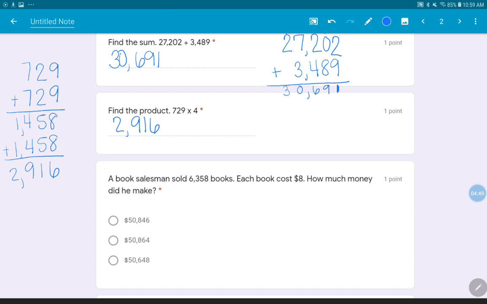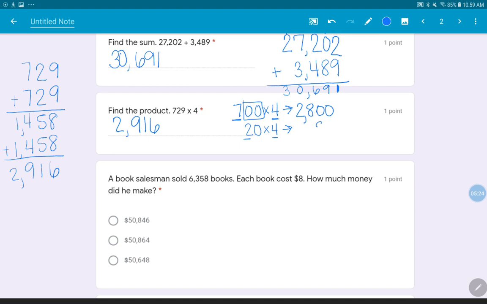What strategy did you use, Ansley? I did 700 times 4. Okay. And we know that 7 times 4 is 28. And then we add those 2 zeros at the end from the 700. Then what did you do? I did 20 times 4. All right. 2 times 4 is 8.